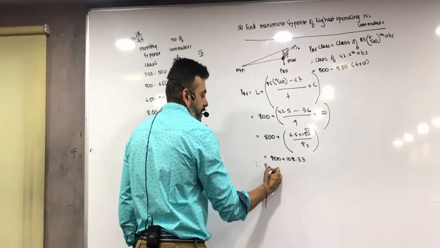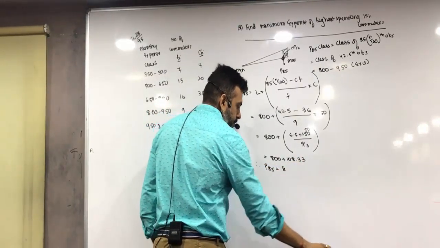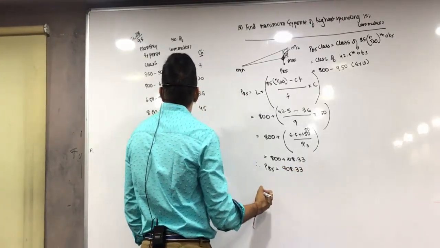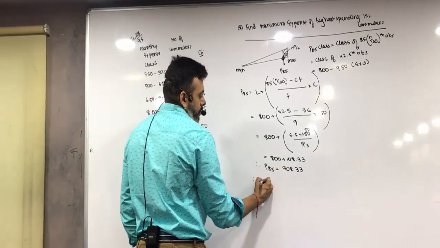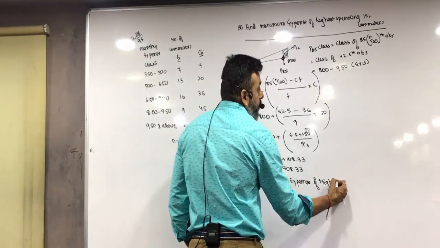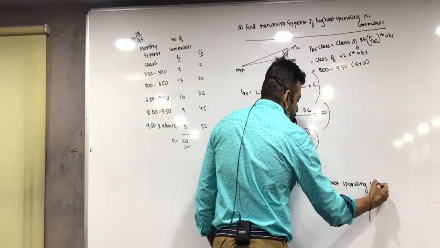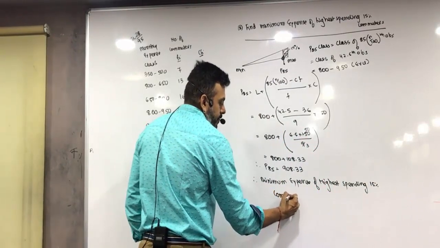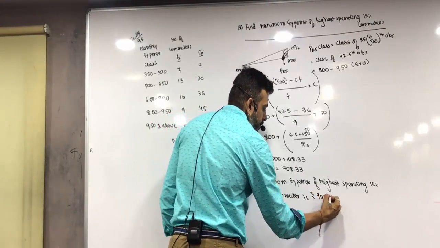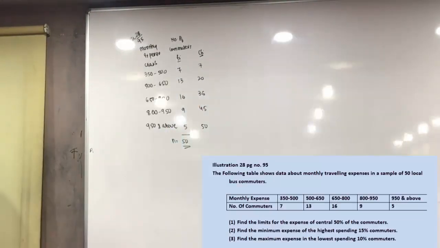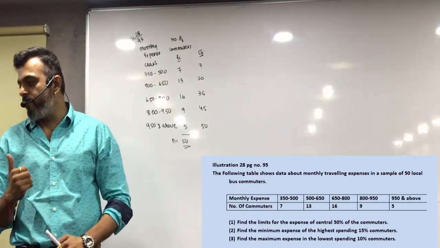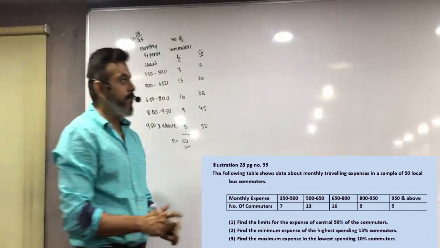Therefore, P85 is equal to 908.33. Therefore, the minimum expense of the highest spending 15% commuters is rupees 908.33.